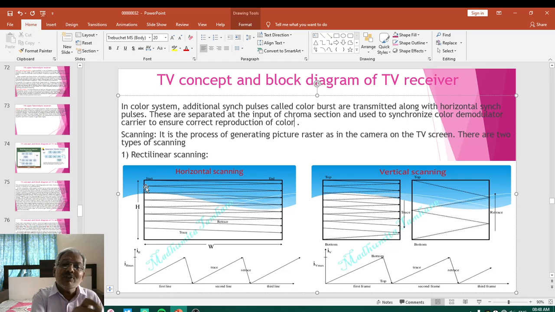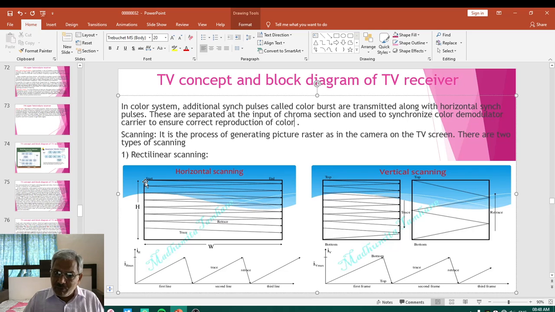And during this particular motion, the screen of the television is blank because it doesn't contain any signal. To avoid waste of energy and power, the screen is totally blank when the electron beam or spot moves from right to left.